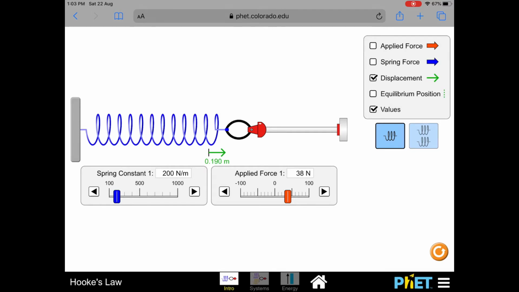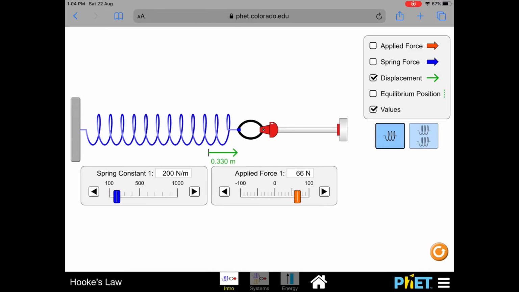When the force increased to 38 Newton, then the new extension is 0.190 meter. And finally, if there is an applied force of 69 Newton, then the extension will be 0.345 meter. Next is the mathematical or graphical analysis.